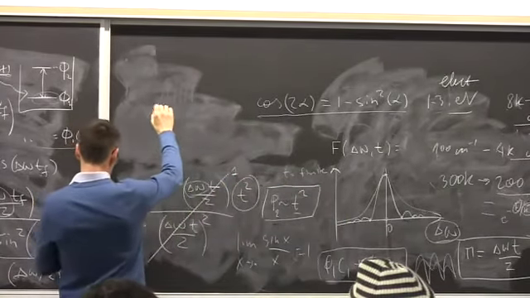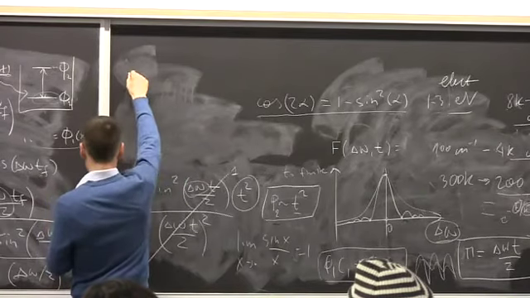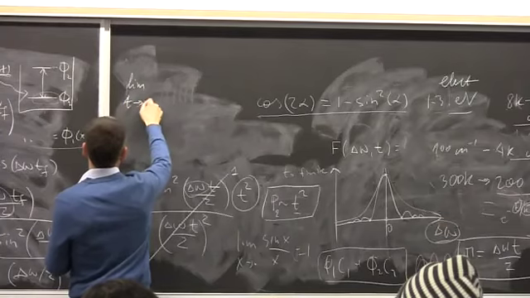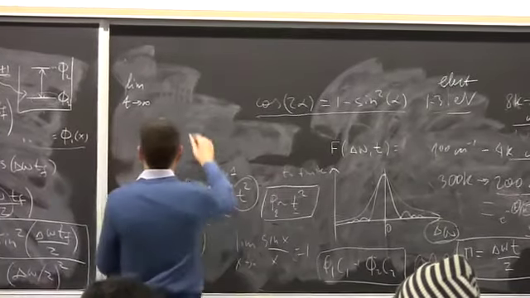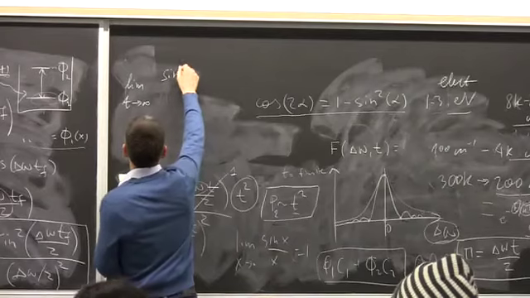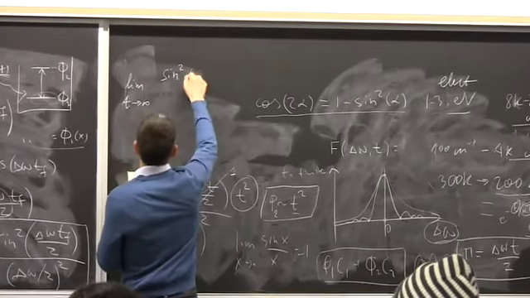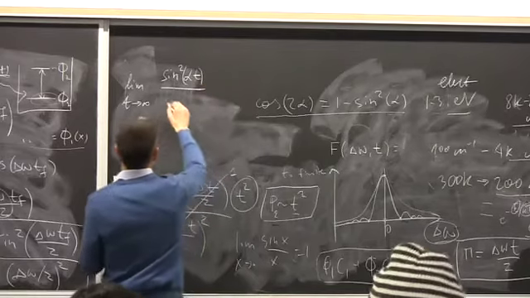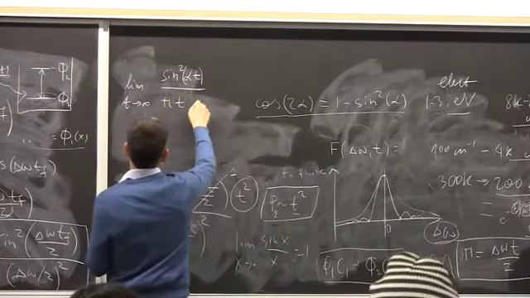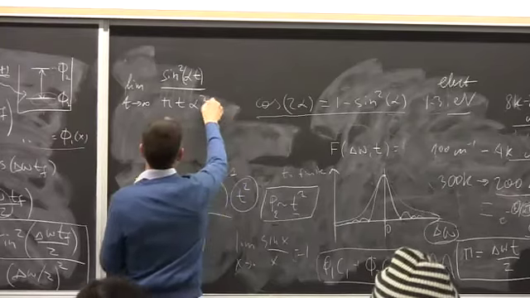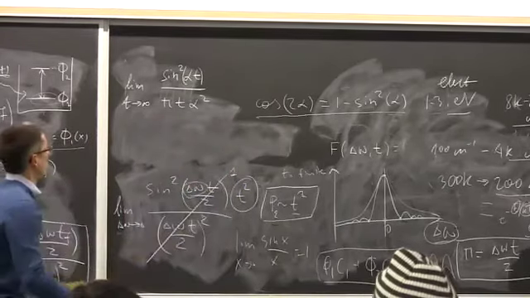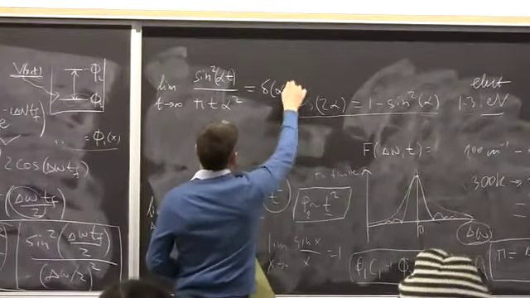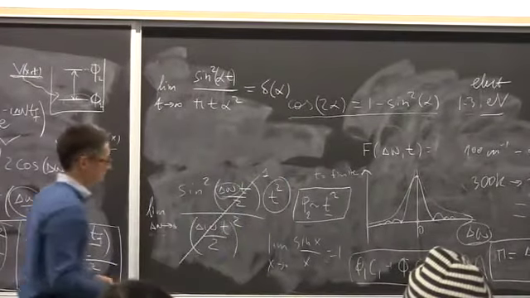Okay, so another limit that we can use, that will be useful, is the limit as time goes to infinity for a function like this, sine squared alpha t over pi t alpha squared. Okay, this is one of the definitions of the Dirac delta function.